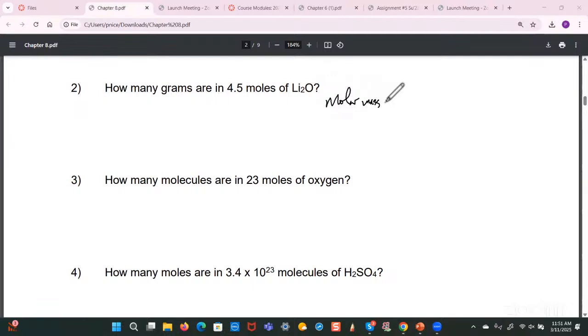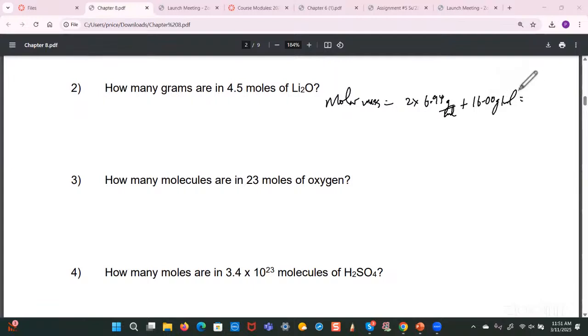of lithium oxide. So that's 2 times 6.94 grams per mole plus oxygen, which is 16.00 grams per mole.